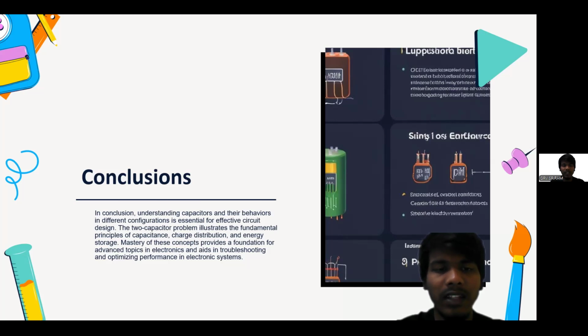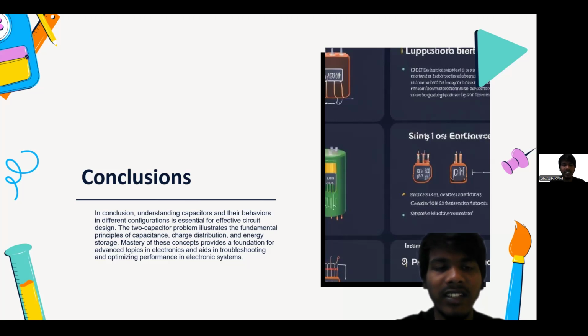Dielectric material. The dielectric material between the plates significantly affects the capacitor's performance, including its capacitance, voltage rating, and temperature stability. Applications. Capacitors are used in a wide range of applications from decoupling and noise filtering in electronic devices to energy storing in power systems and timing circuits in oscillators.